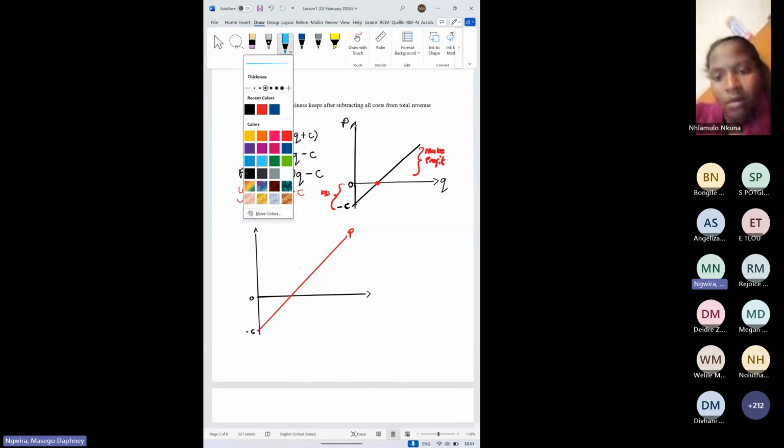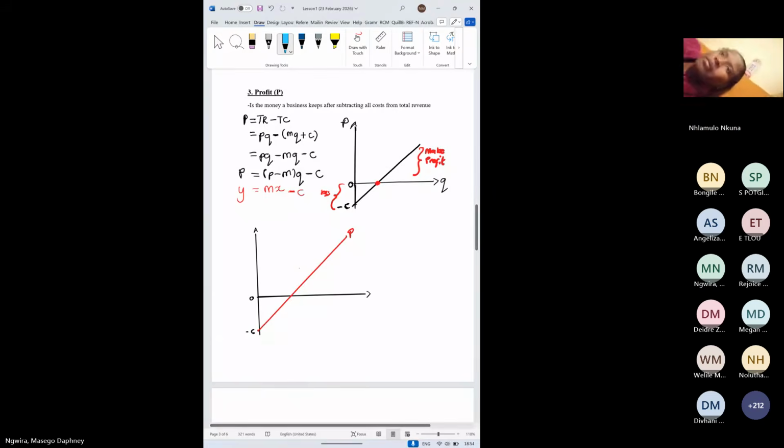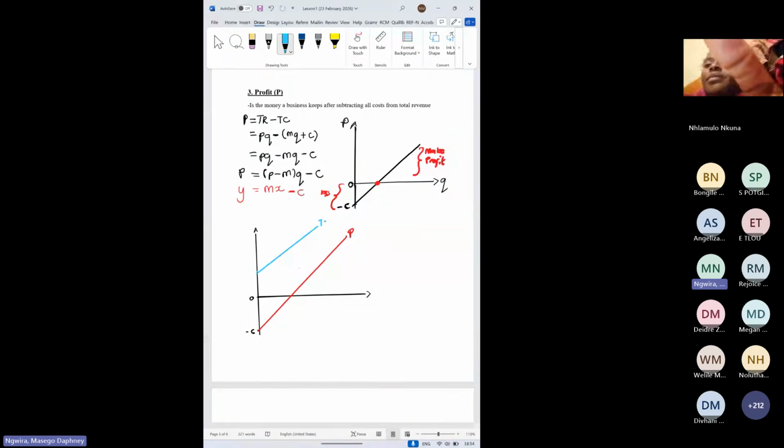Total cost, we said, touches our x-axis at the top. So this is total cost. And then total revenue. Total revenue starts from 0.